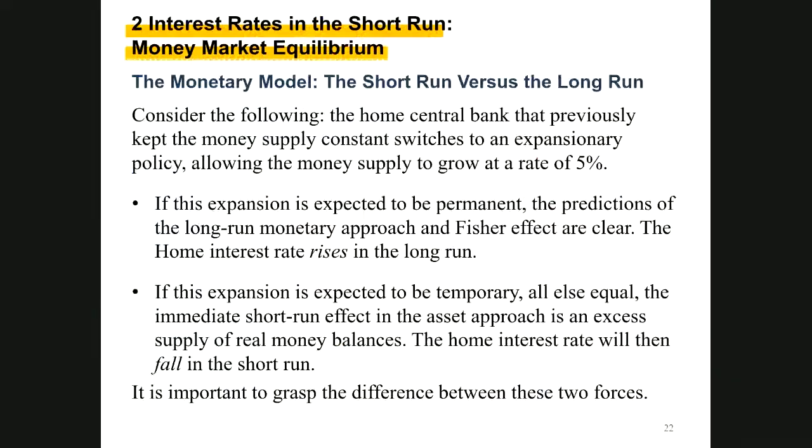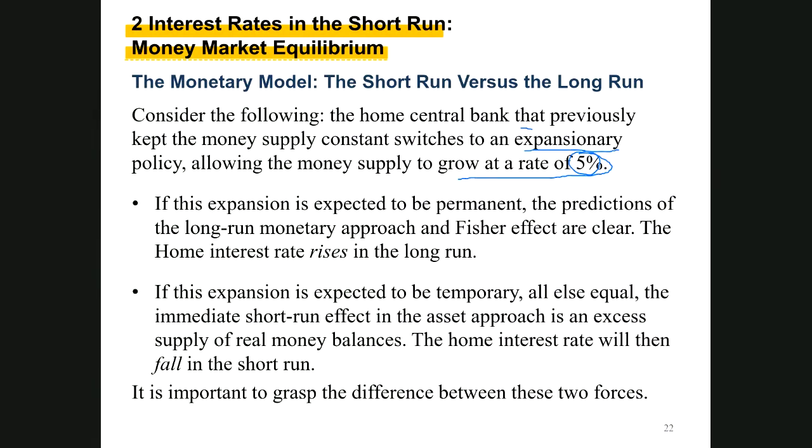Okay, very quickly, let's take a look at this. The home central bank that previously kept the money supply constant switched to an expansionary policy, allowing the money supply to grow at rate 5.